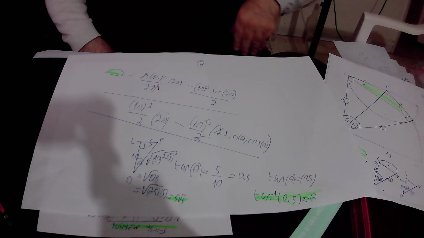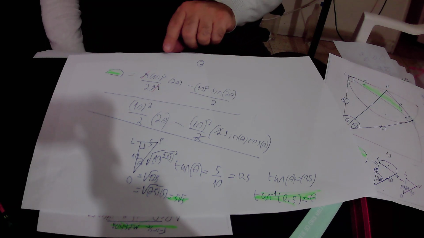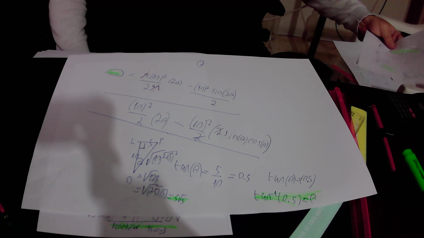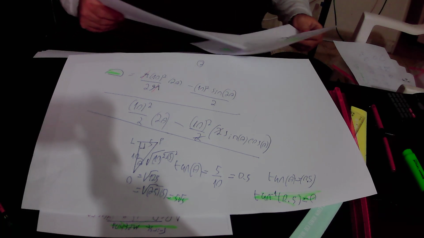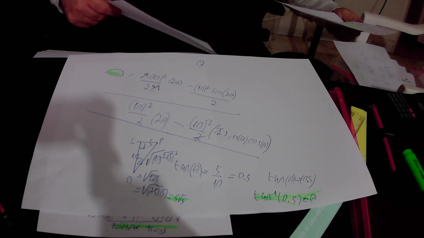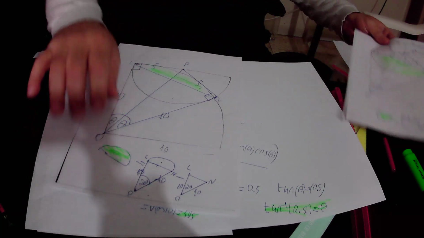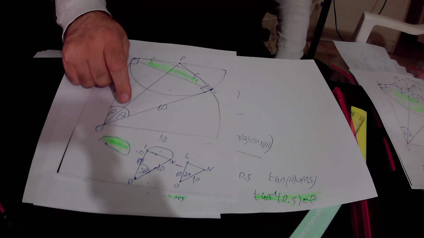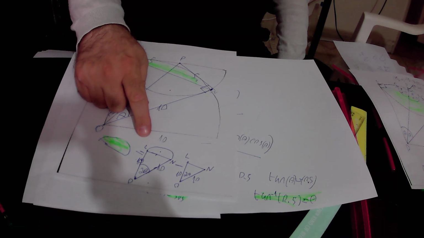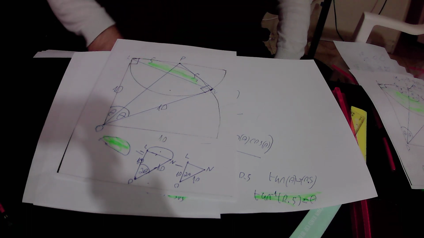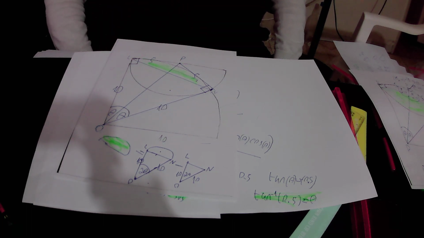So what is the area of the upper circular segment? It is equal to the area of sector LNO minus the area of triangle LNO.